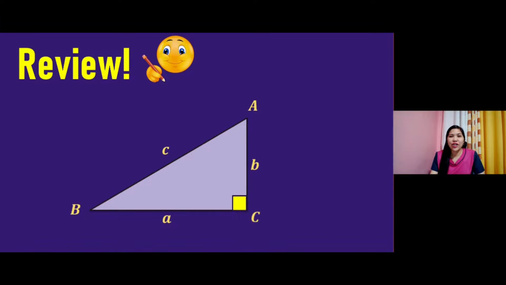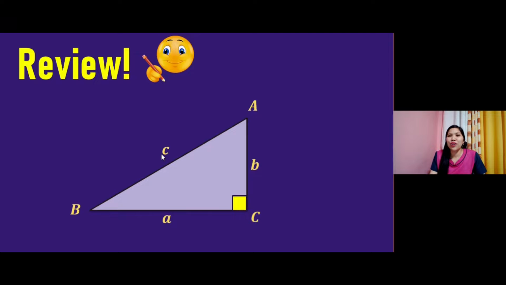As you can see here, we have one angle that measures 90 degrees, and that is your angle C. Let's name this triangle as triangle ACB. We have three angles, and these are your angles A, C, and B. And of course, we have also three sides, and these are A, B, and C respectively.